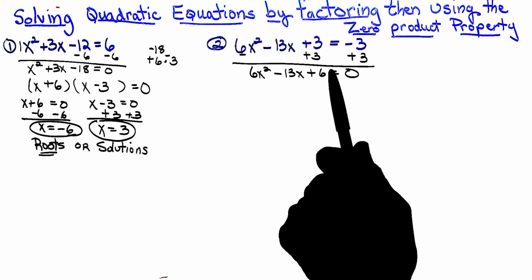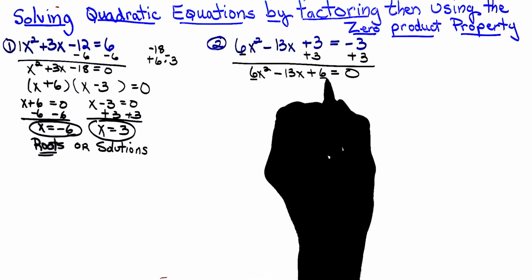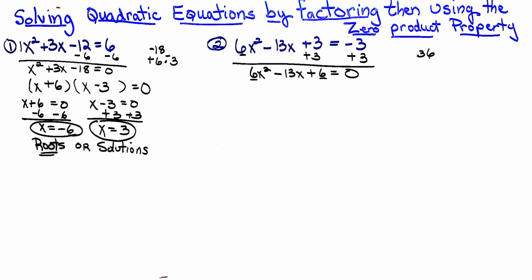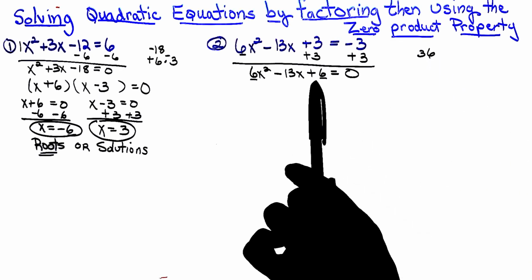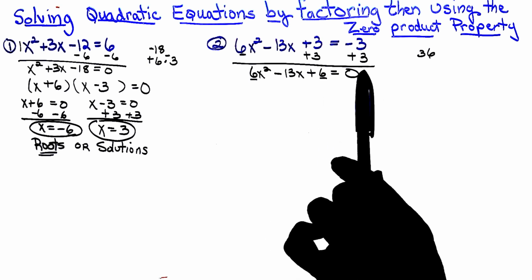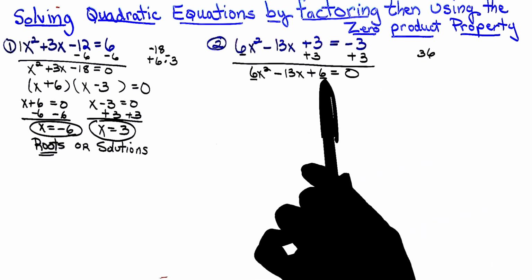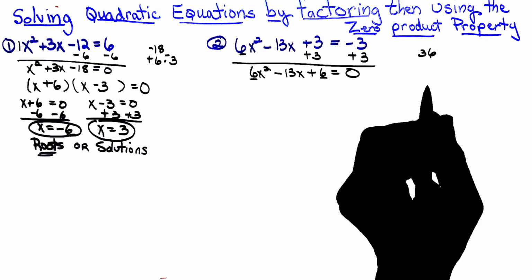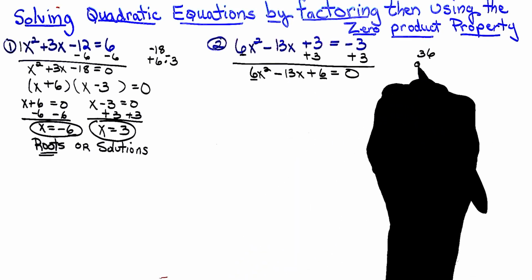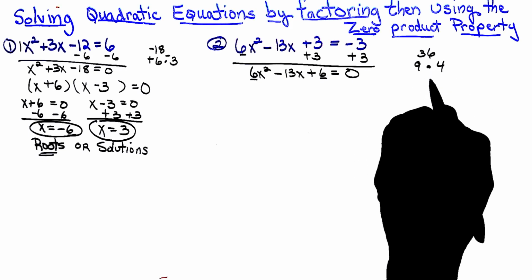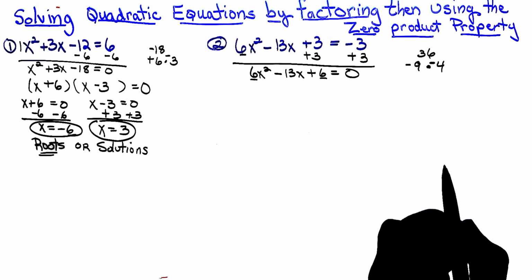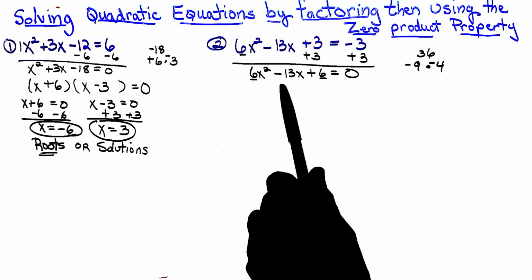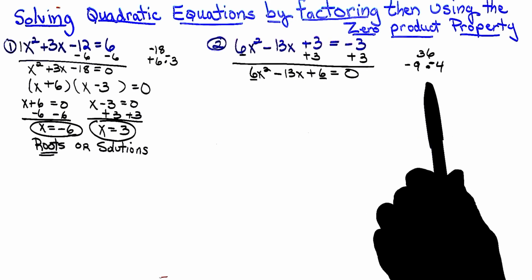And I'm going to have to multiply my 6's together, and I get a 36. So now I see that this is a plus 36, so my answer has to be a positive 36, but my two factors are going to have to be negative. So I know that a 9 times a 4 is 36, but in order to end up with a positive 36 in the end, but have a negative middle term, they must both be negative.